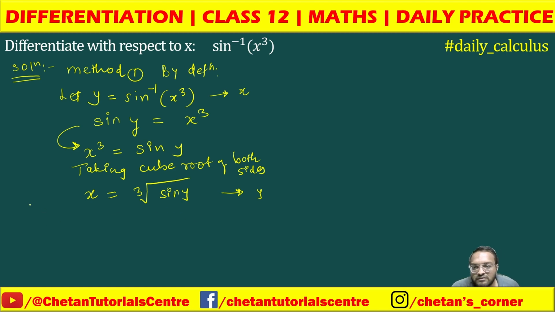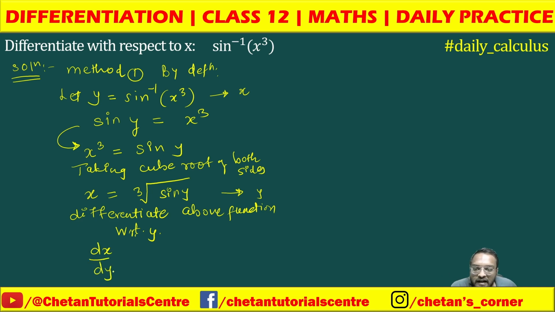Now as I have discussed earlier, we will differentiate this with respect to y. So differentiate the above function with respect to y. So what we will get? dx by dy is equal to, now we will differentiate this.